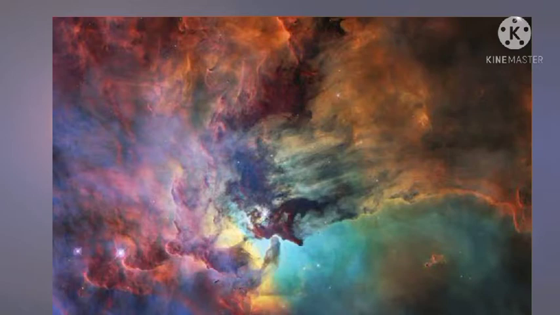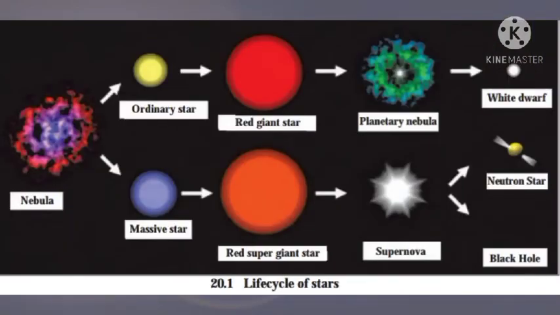And when these gas and dust particles combine, hydrogen gas is trapped in the middle of that sphere, and some reactions take place in the center of that sphere, and due to that the sphere starts to glow. We call these red giant stars.